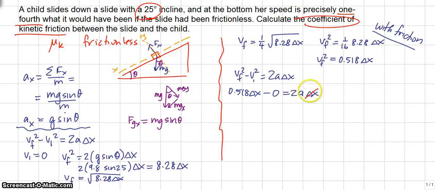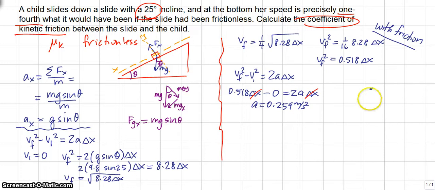In this case, the delta x cancels, and dividing both sides by 2, I get that the acceleration is 0.259 meters per second squared.